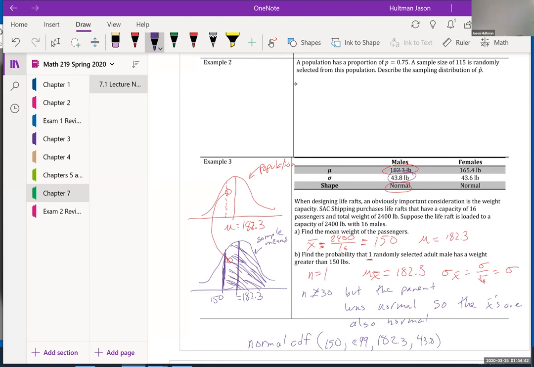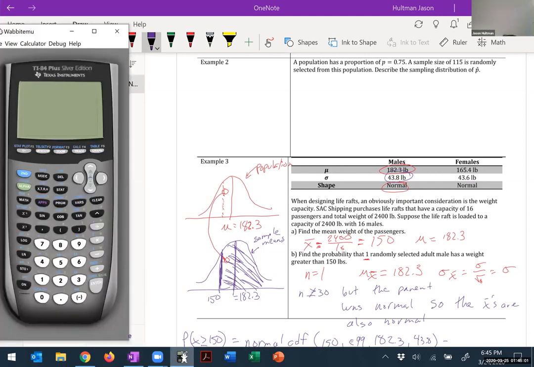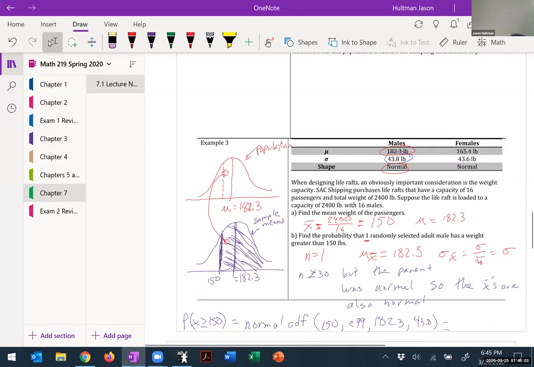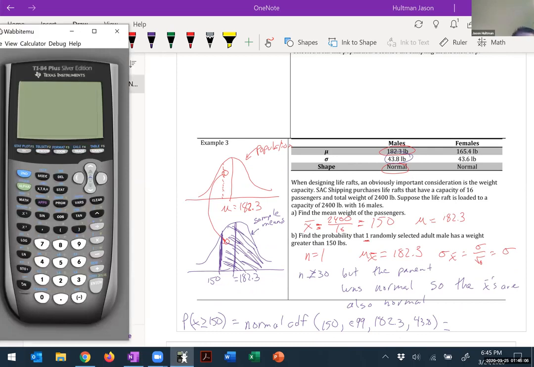Okay, so this is the probability that x is greater than or equal to 150. And so I just plug that into my calculator. Let's go to the calculator. I'm going to do normal CDF, arrow down.